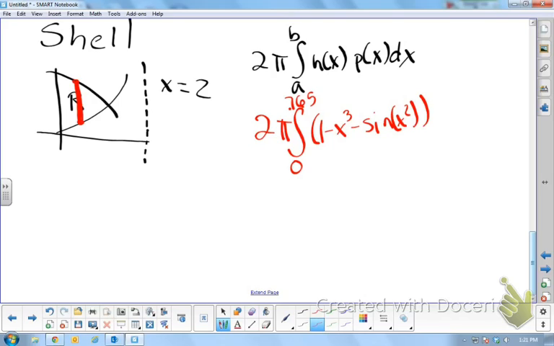And then p of x can be the hard part on shell method. Shell method is actually pretty easy because for h of x, you just do top minus bottom. For p of x, we want to go from our cross section to our axis of revolution. Well, first we need to know, what do we consider this distance to our cross section? x.